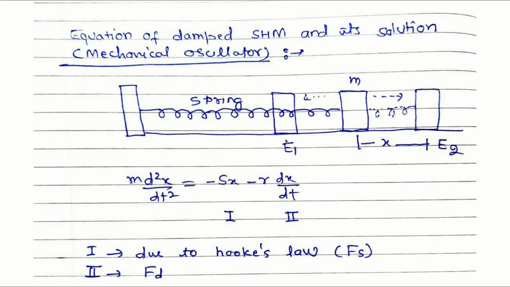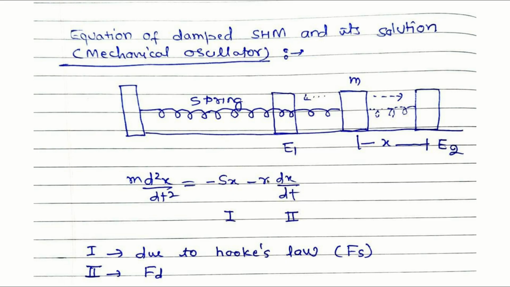In the last chapter we said that the restoring force is directly proportional to the displacement, but the restoring force and displacement are in opposite directions. So F equals minus Sx, which is due to the spring. But here the damping force is also there, and we know that the damping force Fd equals minus R dx by dt.